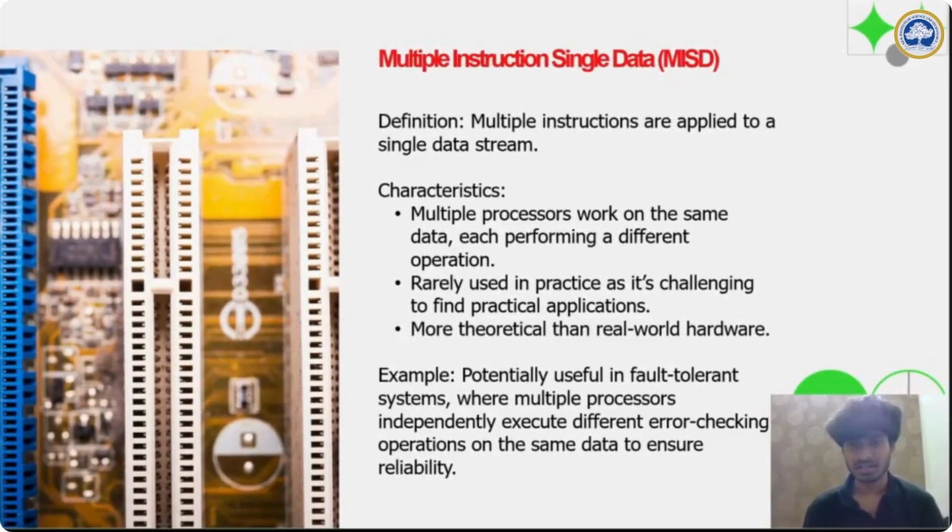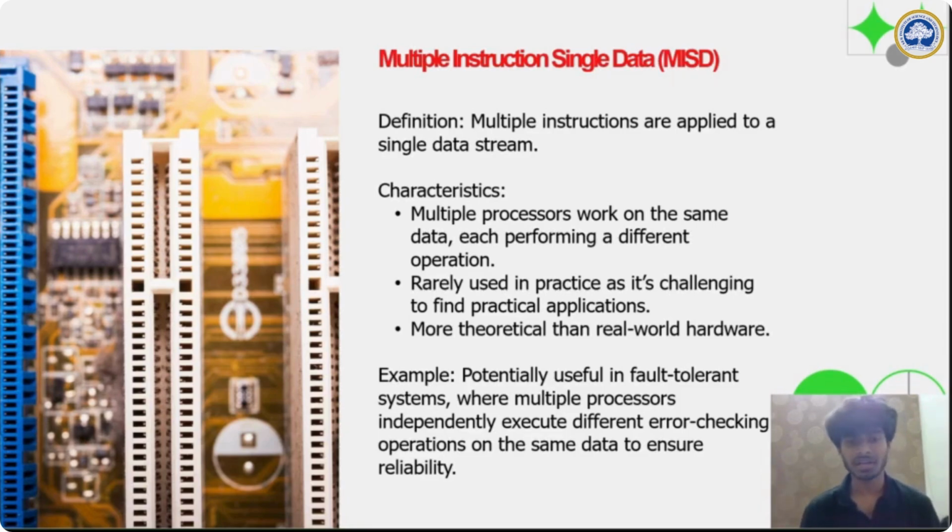Hi, my name is Karthika and I'm going to tell about MISD and MIMD in Flynn's classification. MISD is multiple instructions and single data. Its definition: multiple instructions are applied to a single data stream. Its characteristics: multiple processors work on the same data, each performing different operations. It is rarely used in practice as it is challenging to find practical applications.